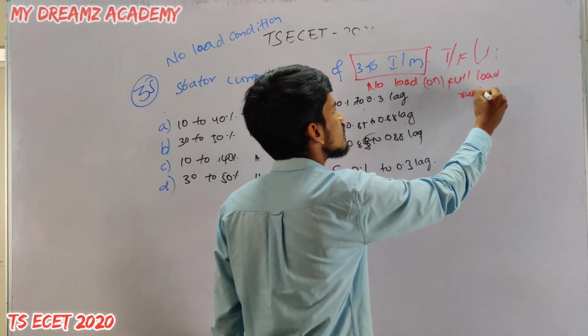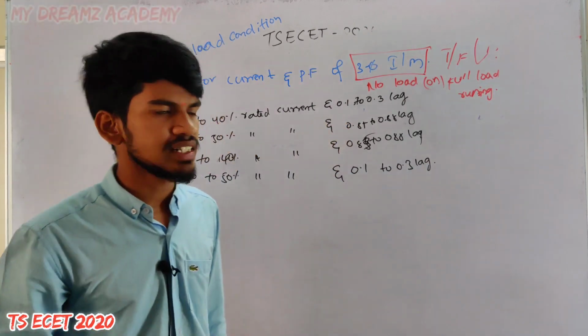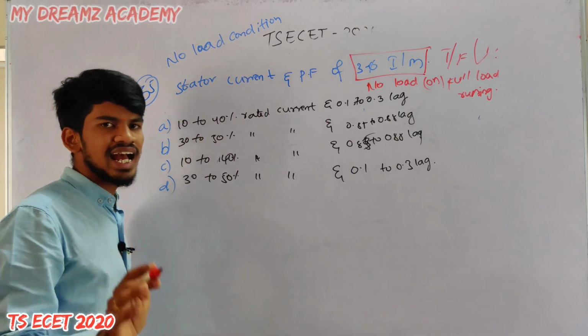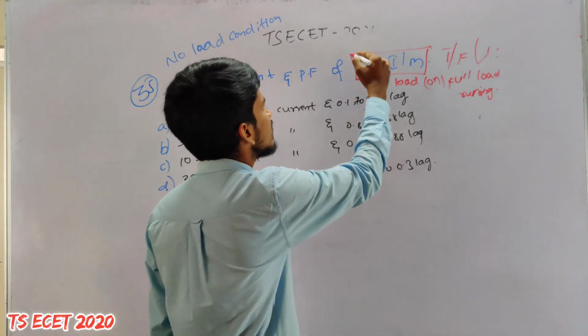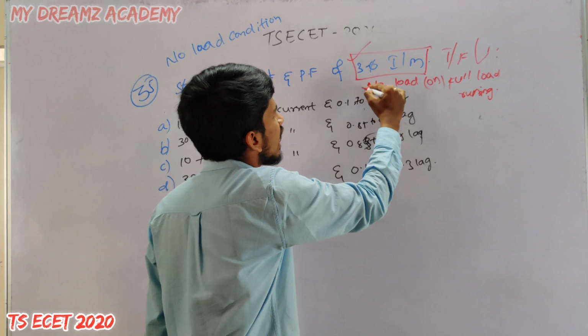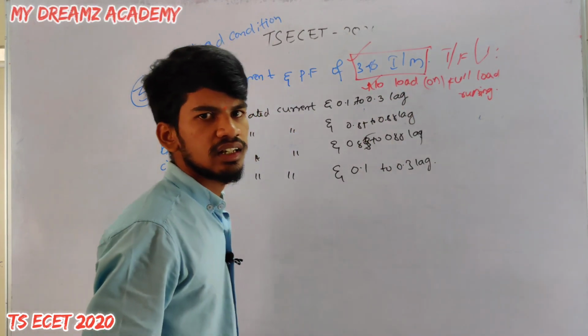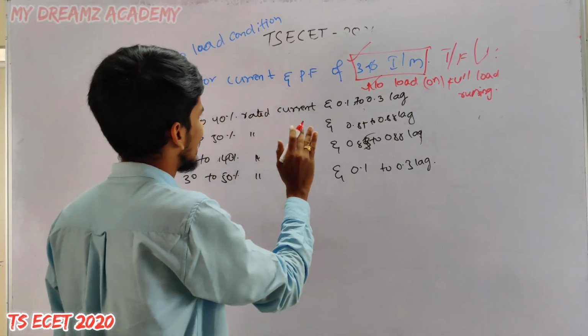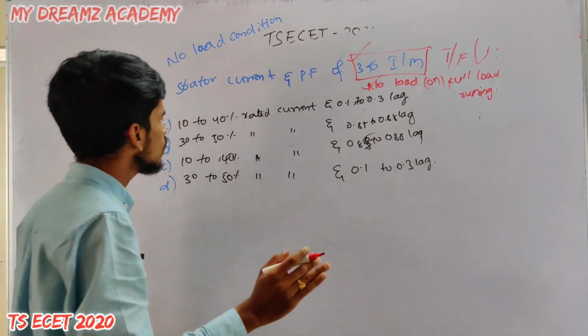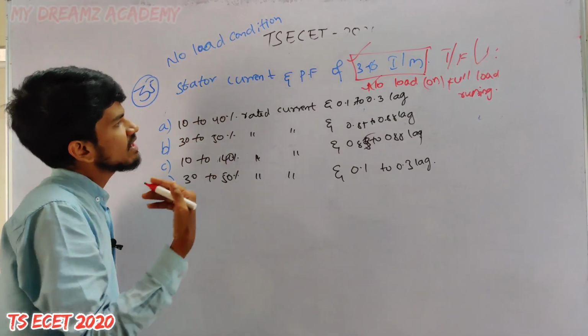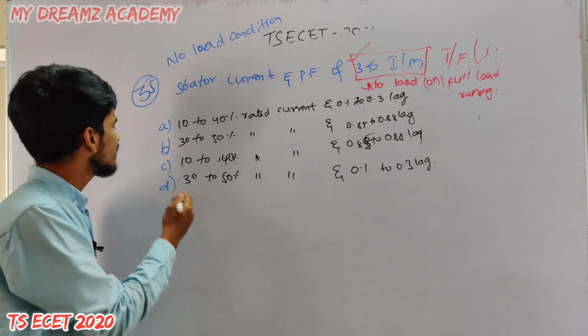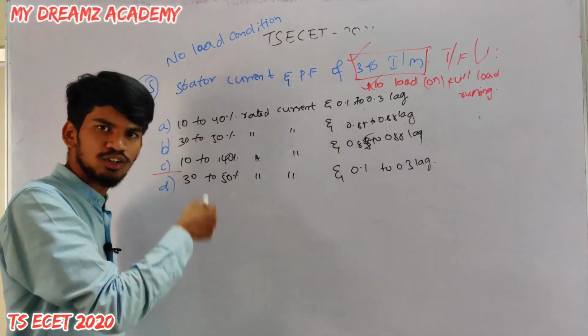So here they asked about a 3-phase induction motor at no load condition. We have full clarity regarding our condition, so you need to check which option is applicable to our given question.